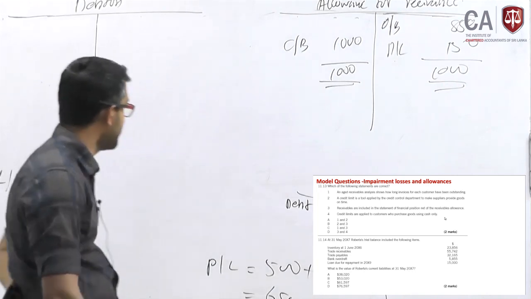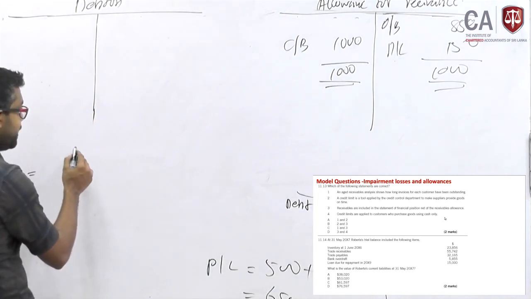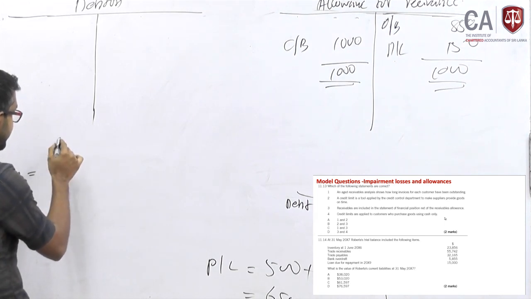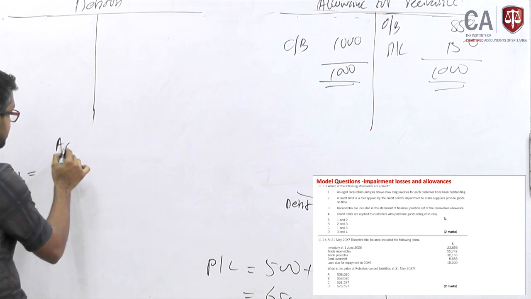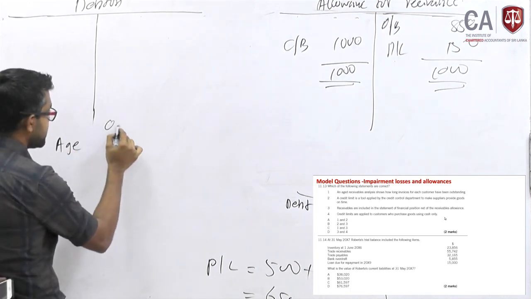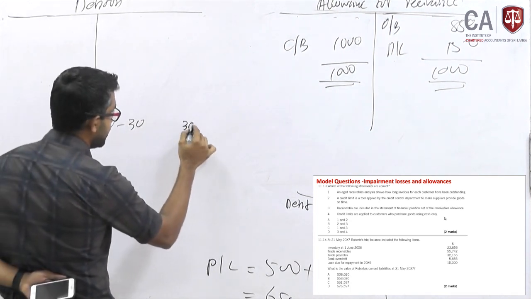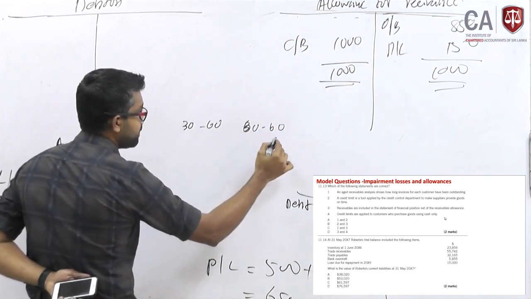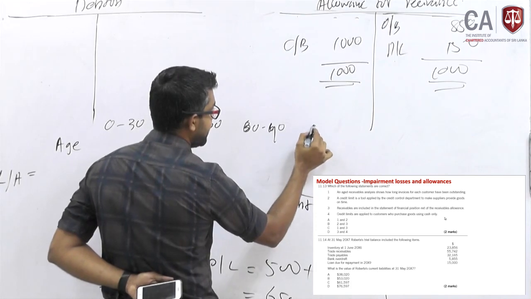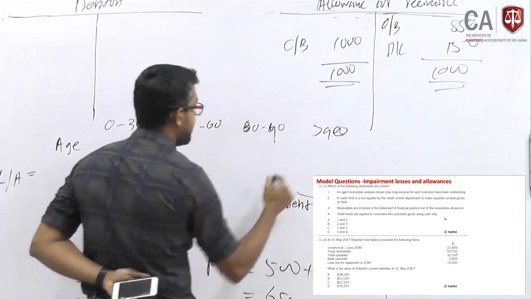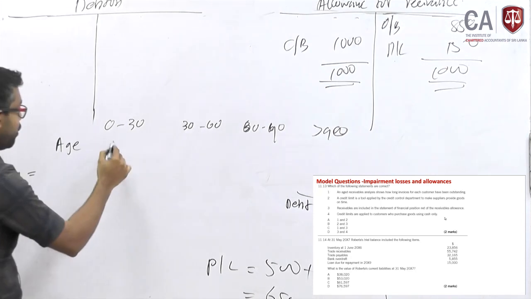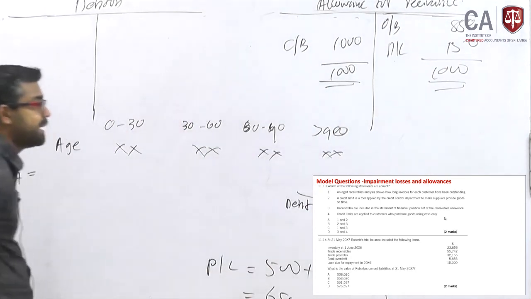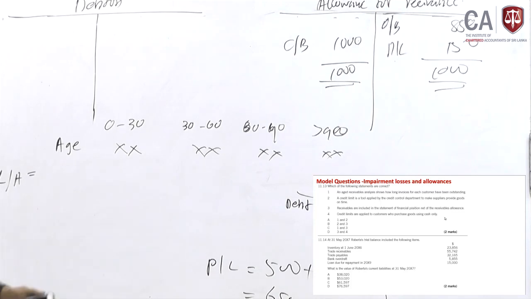Debtors age analysis, which means from the day you sold, right, all the unsettled debtors you can put into different brackets, 0 to 30, 30 to 60, 60 to 90, right, more than 90. Likewise, all outstanding debtors you can put into these buckets, which is called debtors age analysis, right?